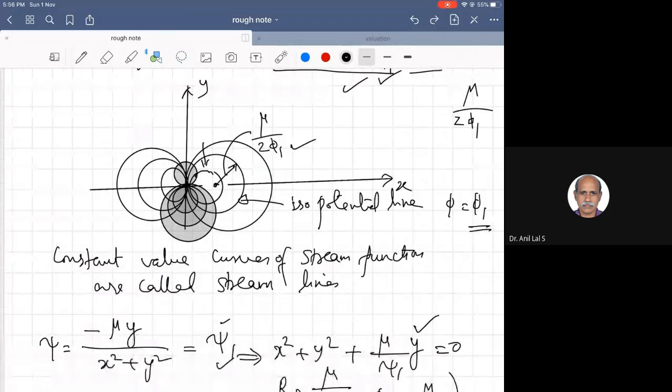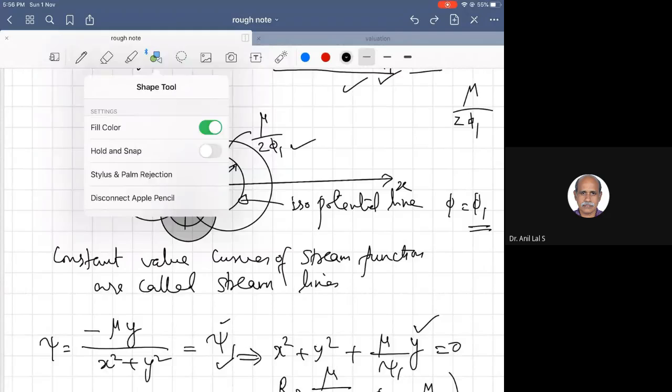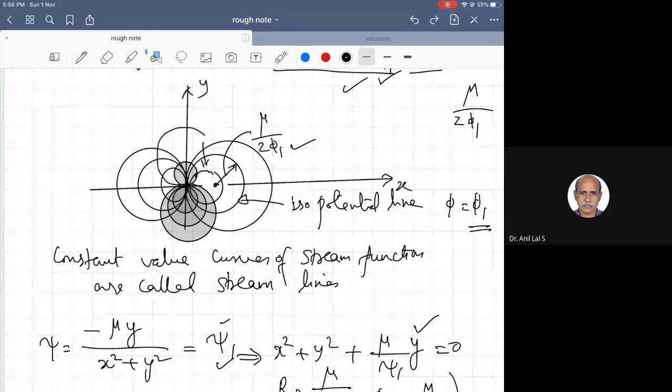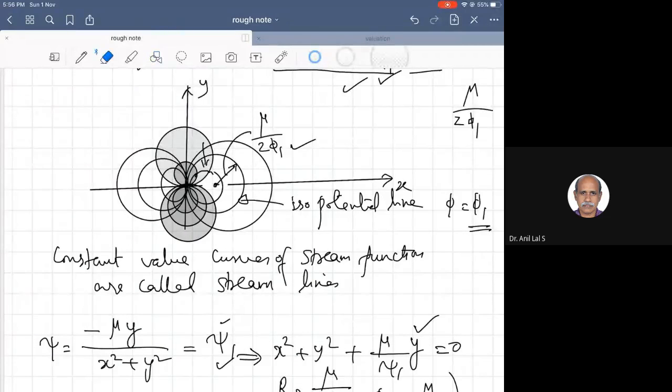Okay, there's some problem with the drafting. Okay, so the isopotential lines and streamlines will be like this.